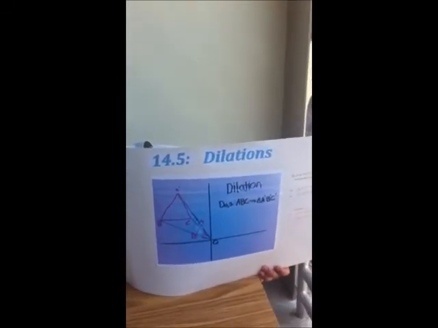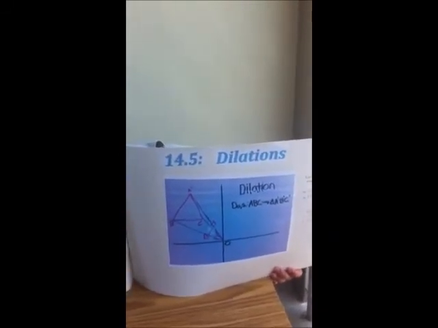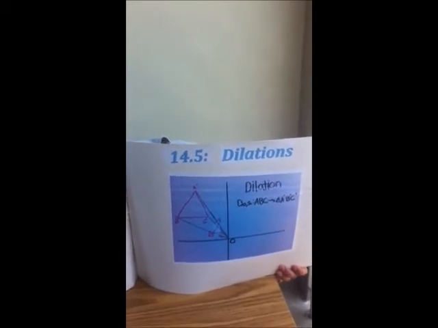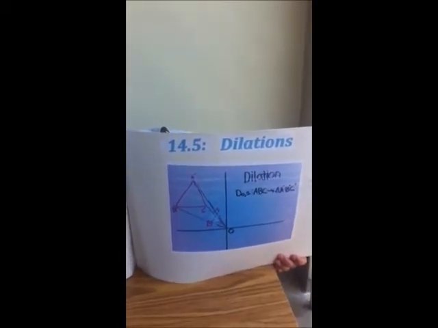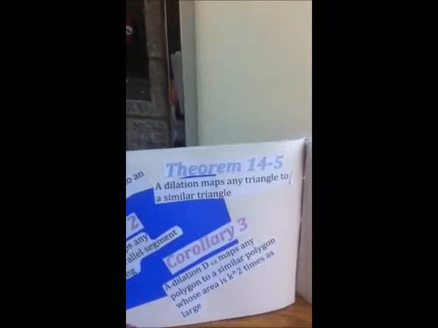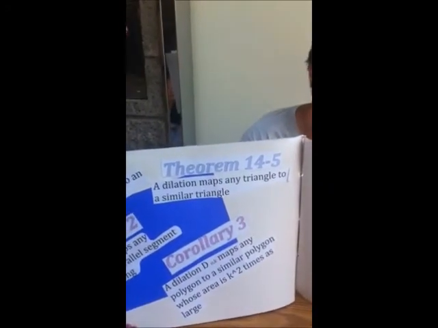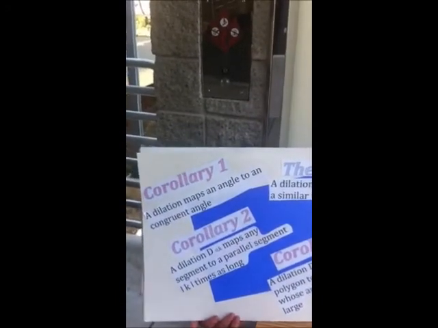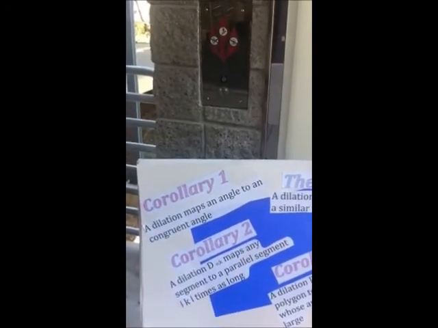14.5 is about dilations. Dilation is either a contraction or an expansion of a figure. A dilation maps any triangle to a similar triangle. A dilation maps an angle to a congruent angle.